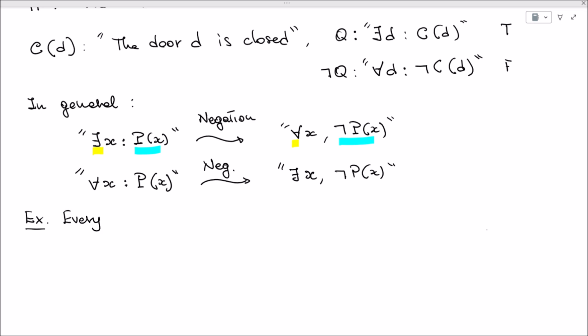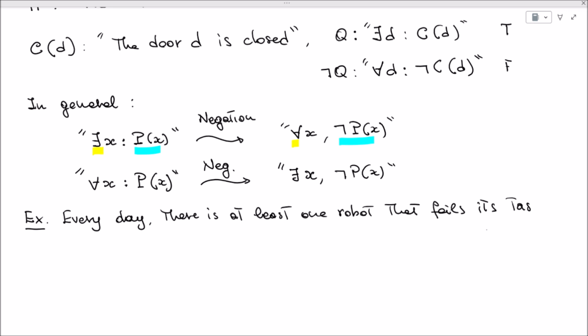Every day there is at least one robot that fails its task.